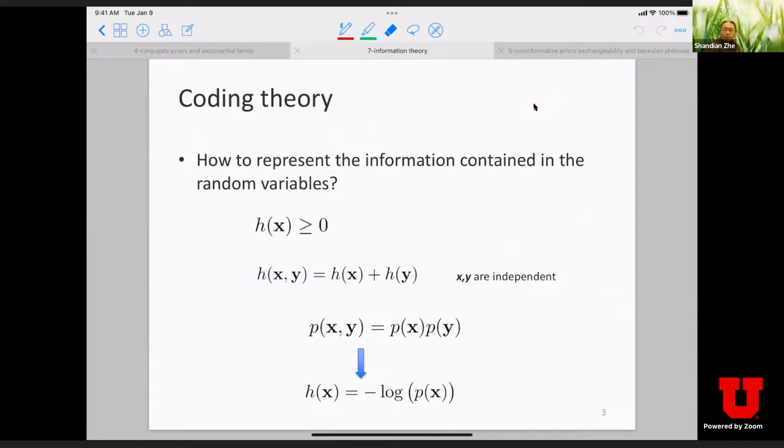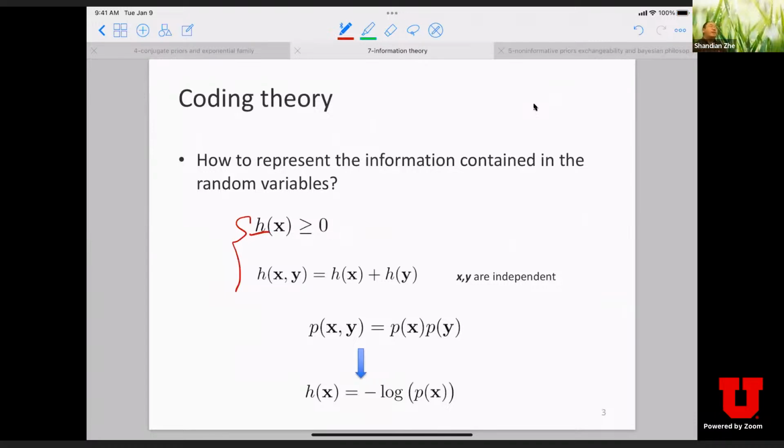Right? So naturally, he thought, suppose we define this information function by h, and x is a random variable. First, this measurement function, or information function, should be non-negative.